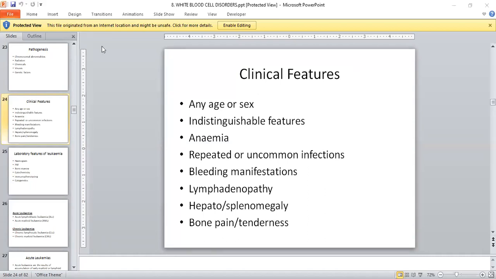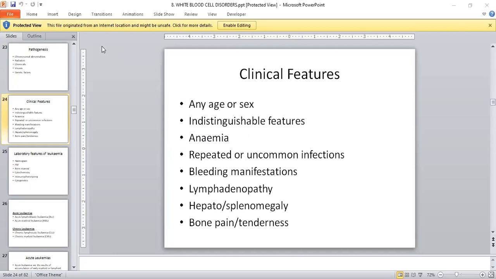Okay, can go on. So when it comes to the clinical features, AML can affect any age or any sex. It has indistinguishable features, like you can't distinguish most of these leukemias from each other based just on physical findings. You'll have anemia, you'll have repeated or common infections.